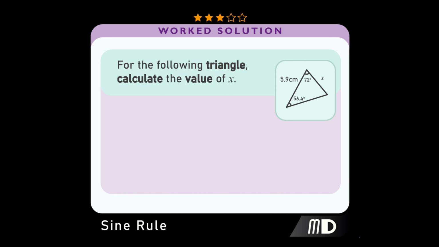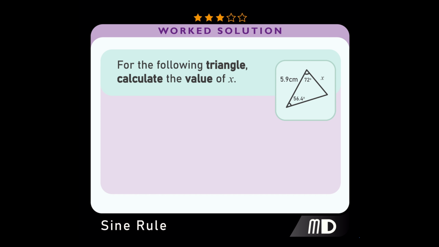Answering this question using the sine rule is a four-step process. First, we label the sides of the triangle with the lowercase letters a and b, and the angles with the uppercase letters A and B. Then, given that we know two of the angles, we need to find the third using the fact that angles in a triangle have a sum of 180 degrees.